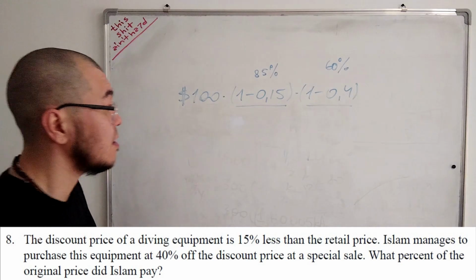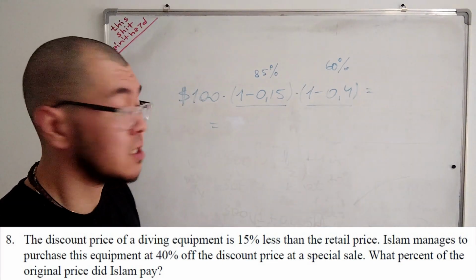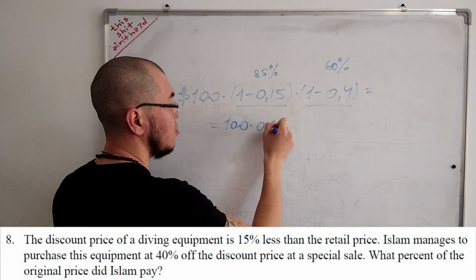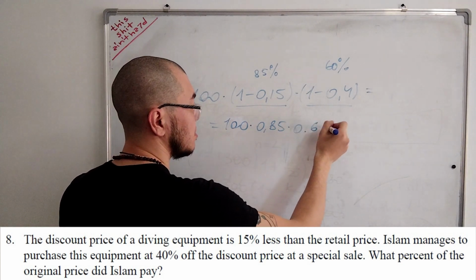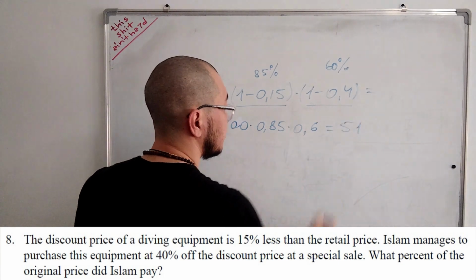Okay? And we can find out how many bucks Islam paid for his equipment. 100 times 0.85 times 0.6. And we have 51 bucks.